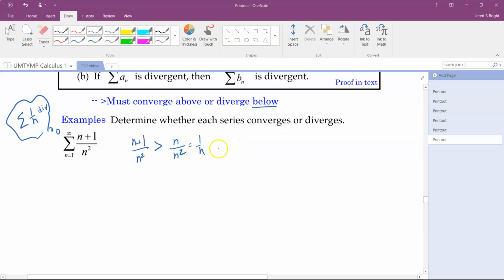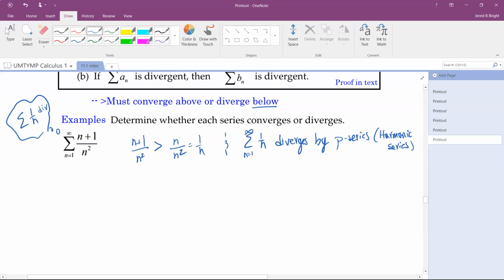Now with this series, I have to say that the series 1 over n from n equals 1 to infinity diverges by the p-series, or really you could say it's a harmonic series. Either one is sufficient.